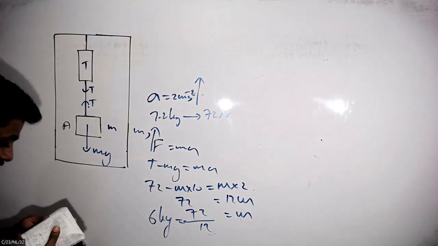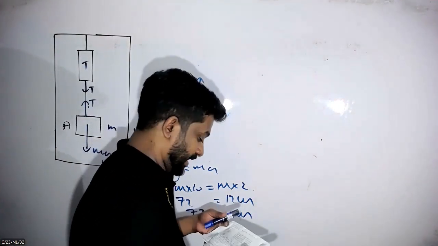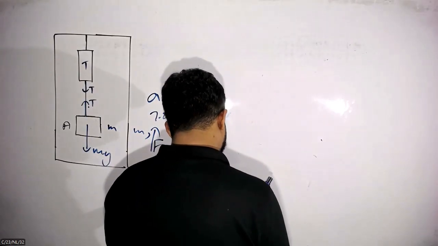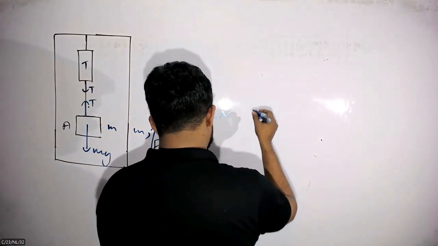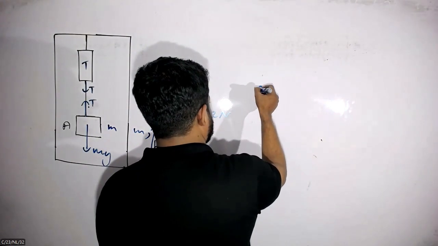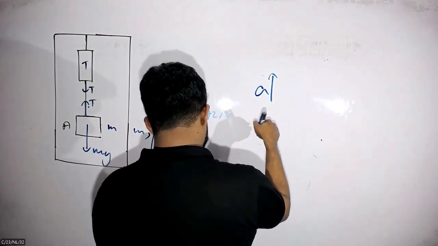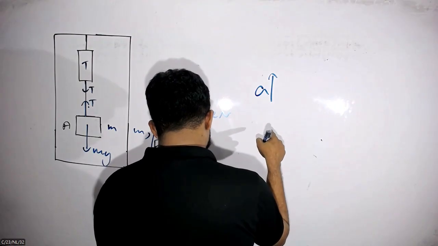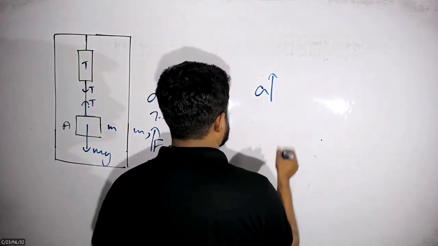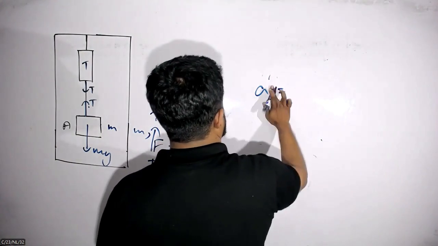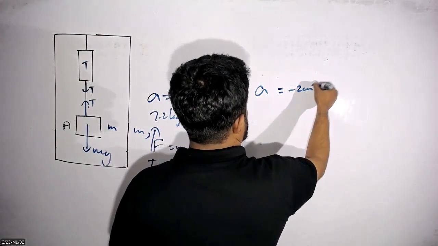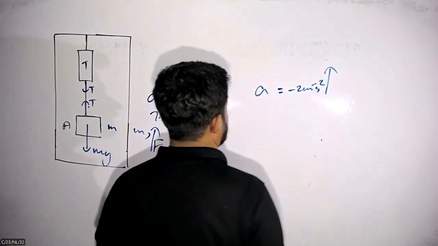Then you can apply the equation for the second motion. In the second case, it is a deceleration. You need to find the reading of the scale when the lift moves up with a deceleration of 2 meters per second squared, that is, minus 2 meters per second squared in the upward direction. Let's see.